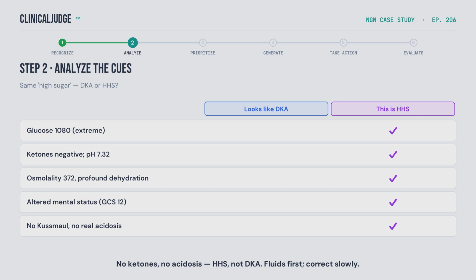No deep, rapid breathing to blow off acid. Ketoacidosis would have both. Their absence, together with the extreme glucose and osmolality, names this as the hyperosmolar hyperglycemic state. And that diagnosis reshapes your priorities. This is a fluid and osmolality problem first, an insulin problem second.